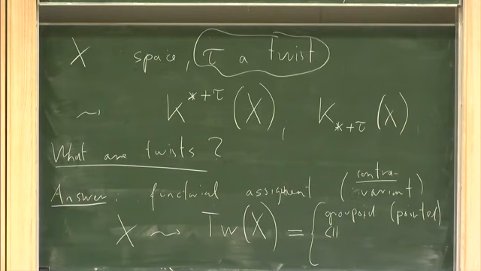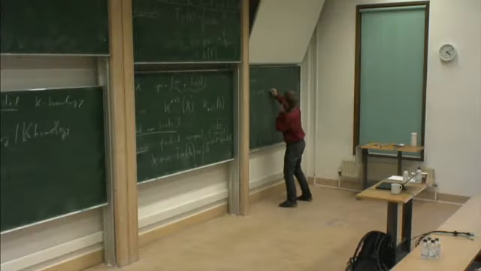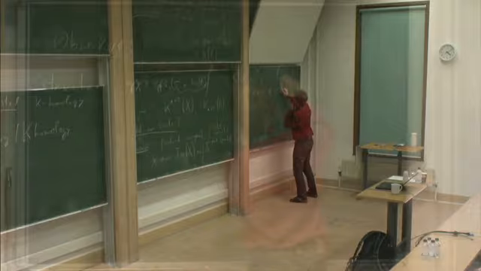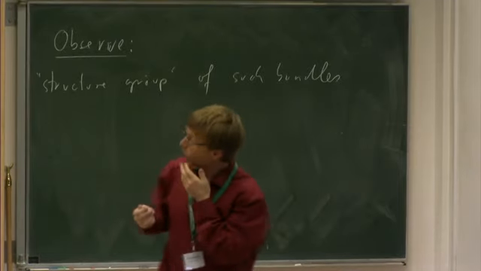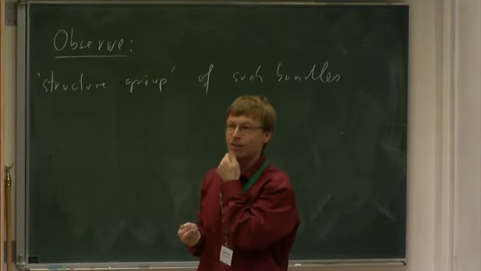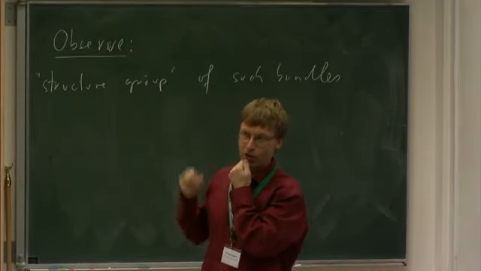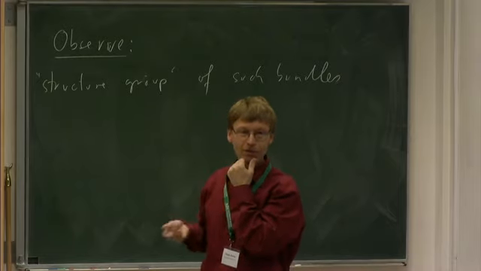Observe the structure group of such bundles. This is going to be the automorphisms of the fibers. And what are the automorphisms of compact operators on the separable Hilbert space?